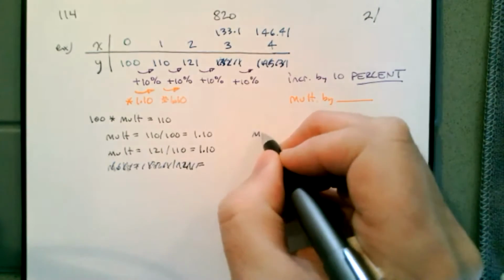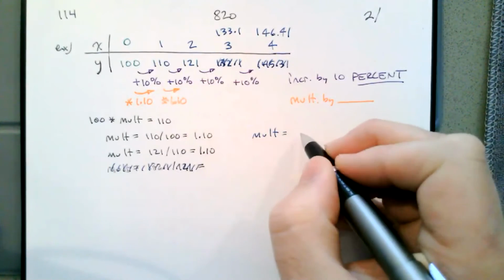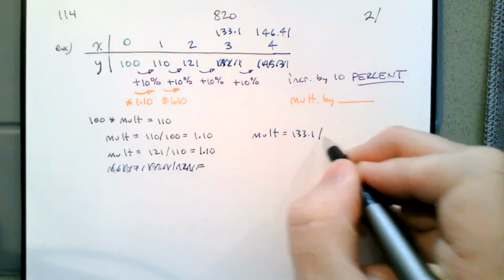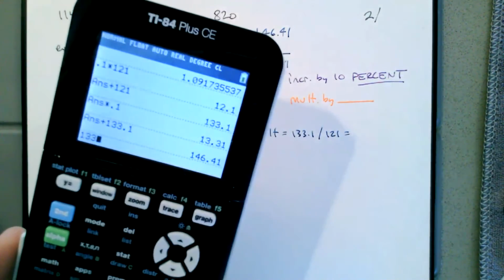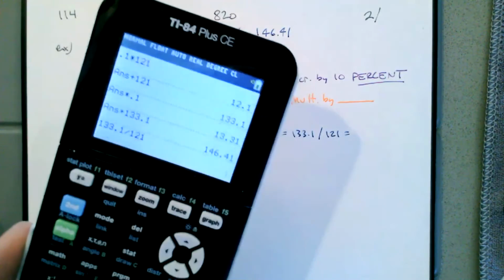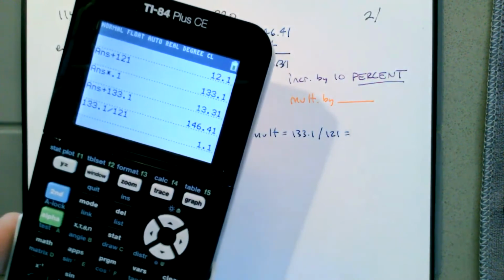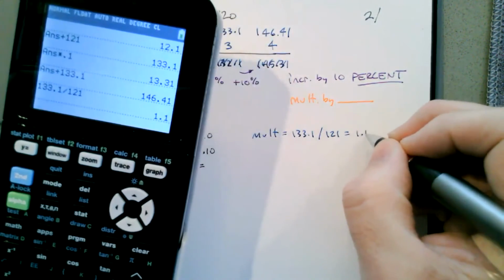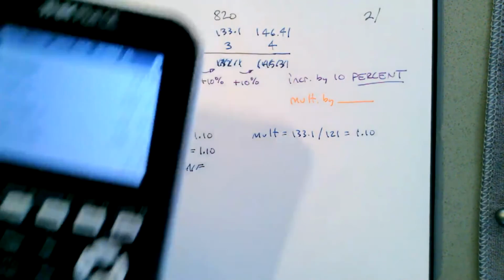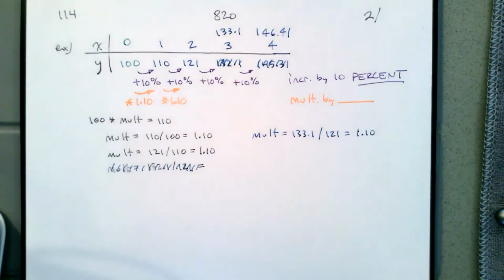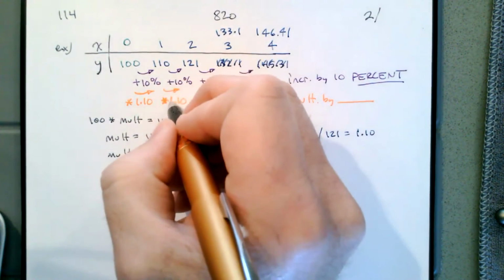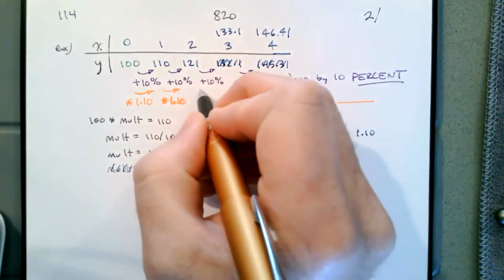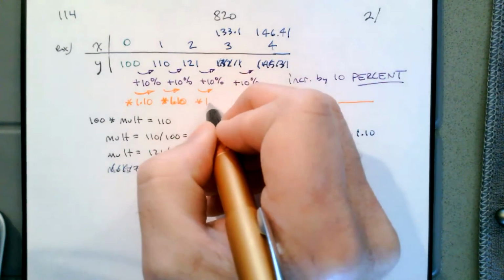So our multiplier, if I take the 133.1 and divide it by the 121, we see our multiplier is still 1.1, now that I've fixed all my mistakes. So we can see that in each step, increasing by 10%, doing plus 10%, is the same as multiplying by 1.10.